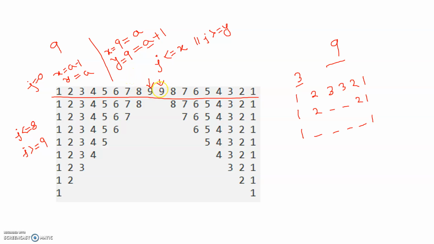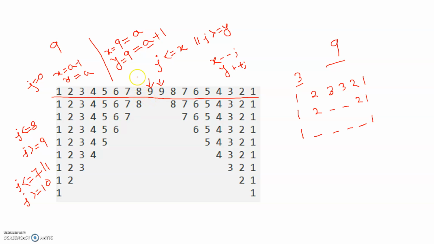But in the next iteration of i, what you do is x minus minus, you decrement x, and y plus plus. So for the second row, x is decremented, so j is less than or equal to 7, or j is greater than or equal to y, which is incremented, so 10, right?